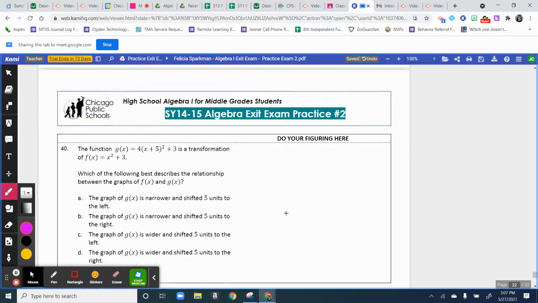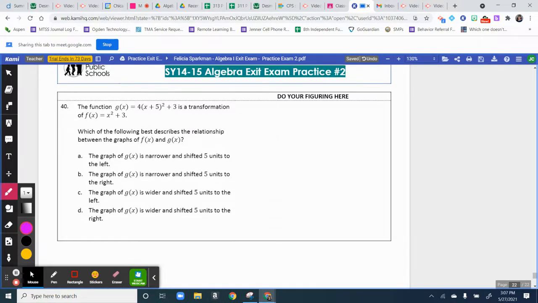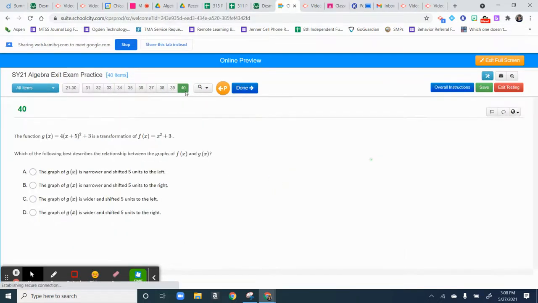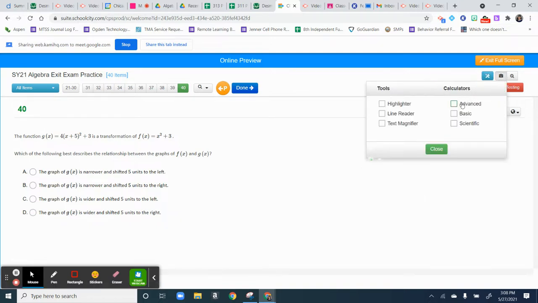All right. The function g of x equals 4 times the quantity x plus 5 squared plus 3 is a transformation of f of x equals x squared plus 3. Which of the following best describes the relationship between the graphs? So, if you don't know off the top of your head, that's fine. We go to our handy dandy trusty calculator and we just put them both in there and we see what actually happens.